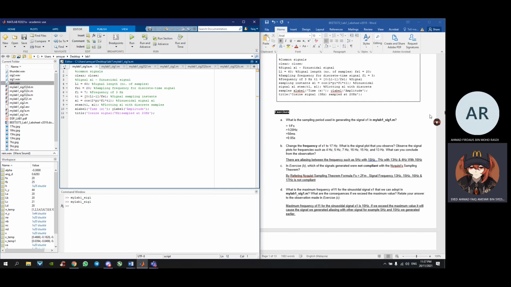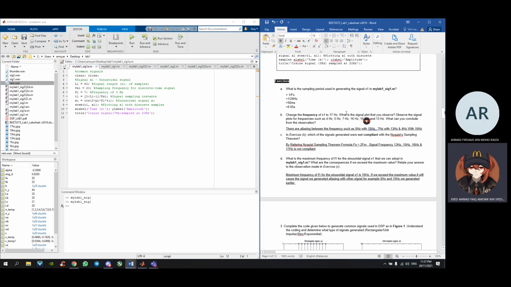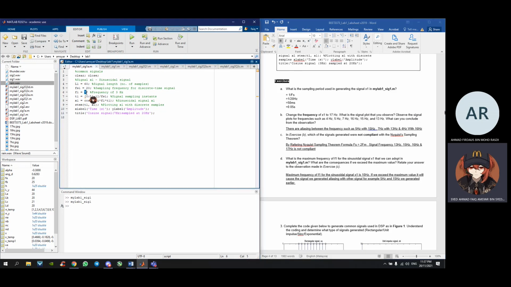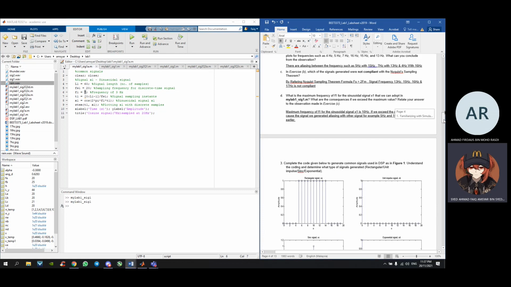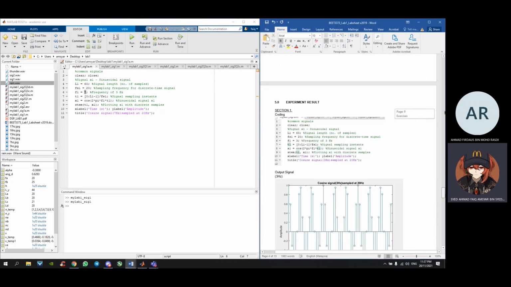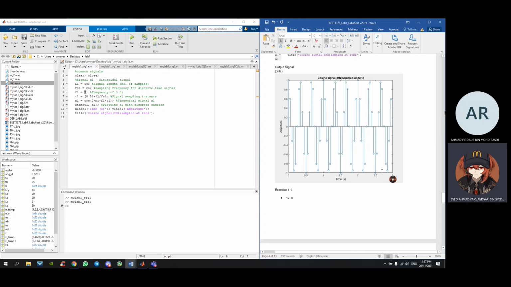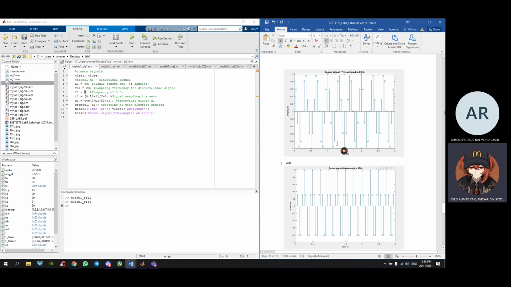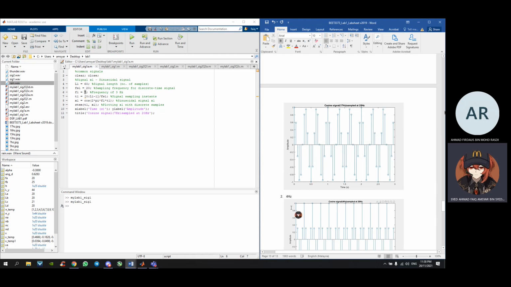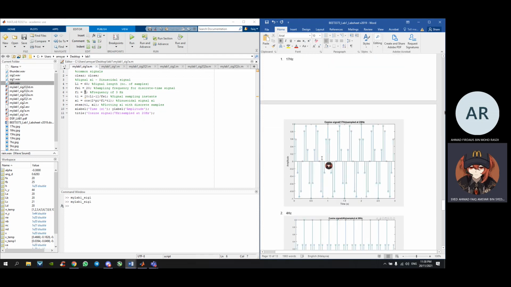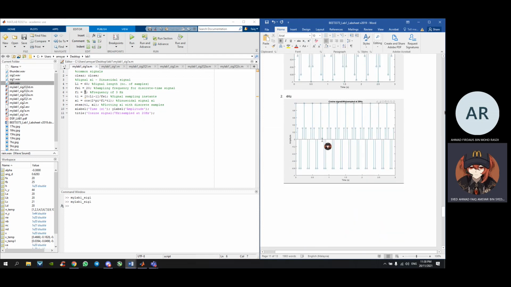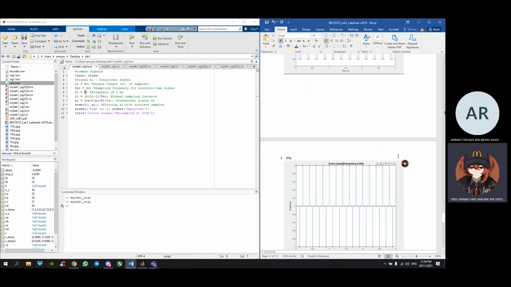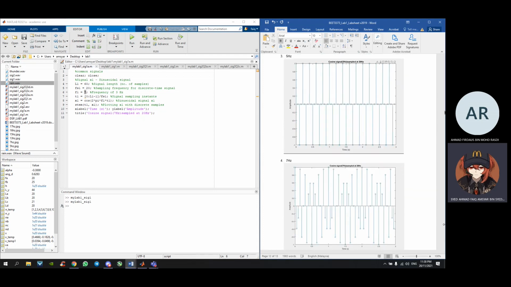I have changed the frequency here, and then I got the result. Based on our observation, we got the graph slightly different from the other frequencies, which here is 70 hertz, here is 4 hertz, 3 hertz, and 7 hertz.